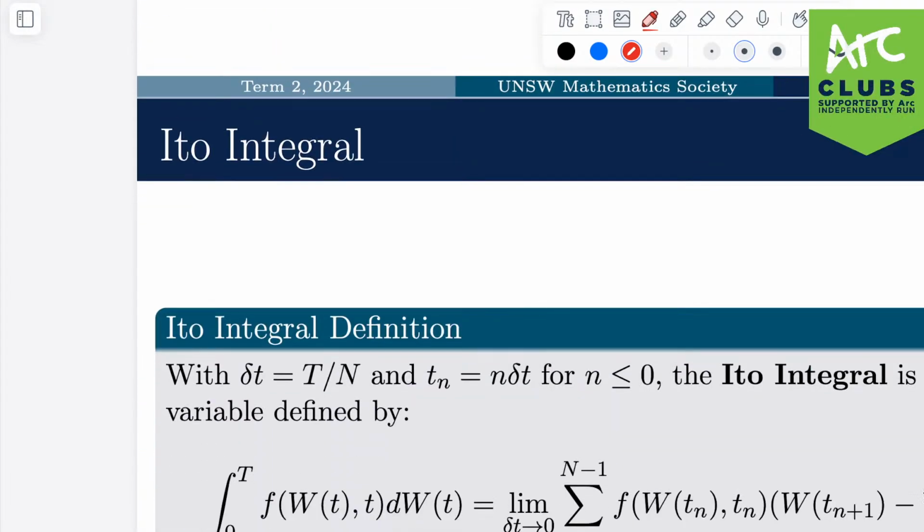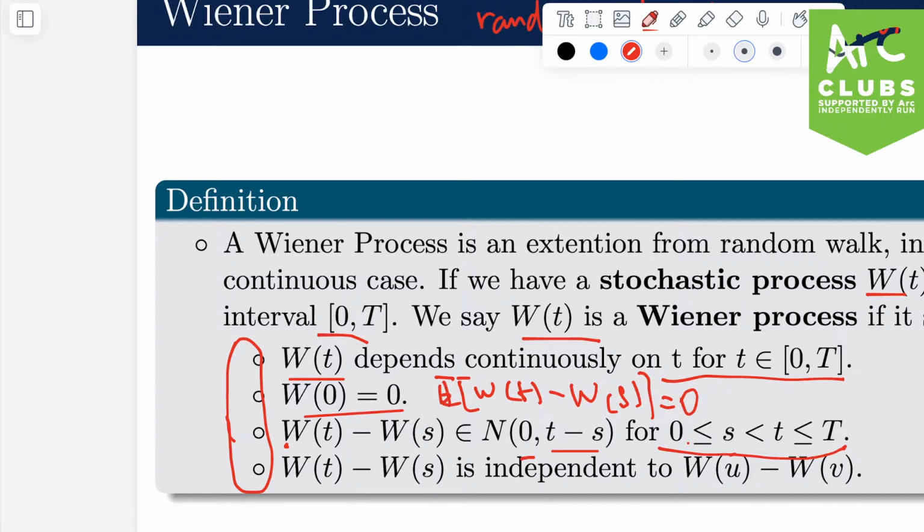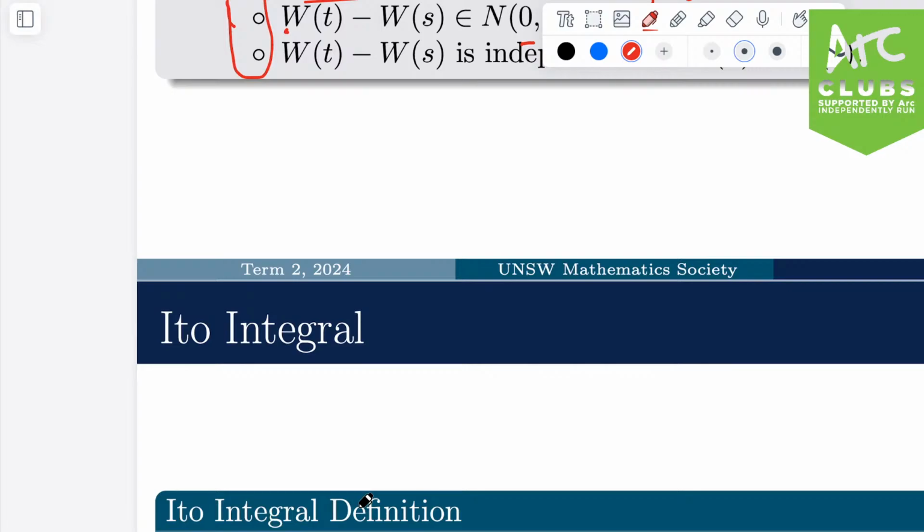And then from linear process, we go to an even more complicated case, right? Because linear process assumes that WT minus WS has a variance T minus S, and each two points are independent of each other.